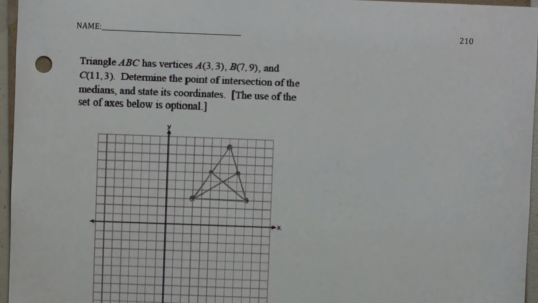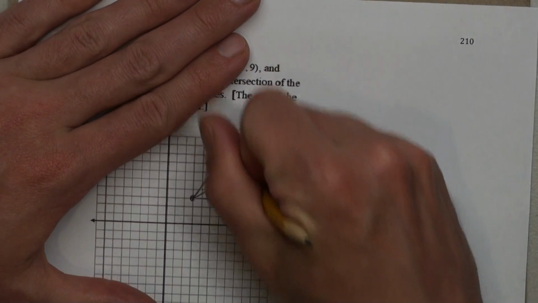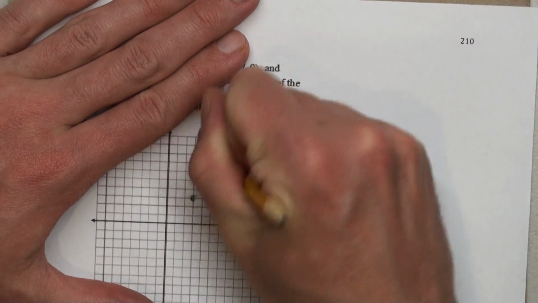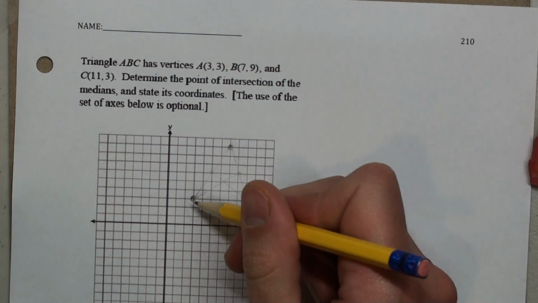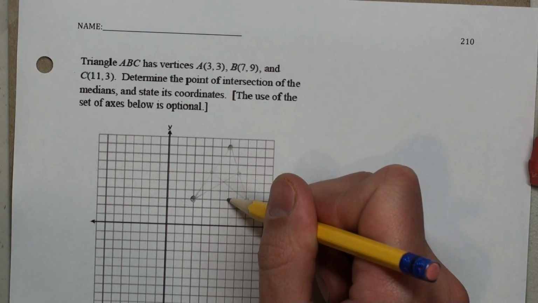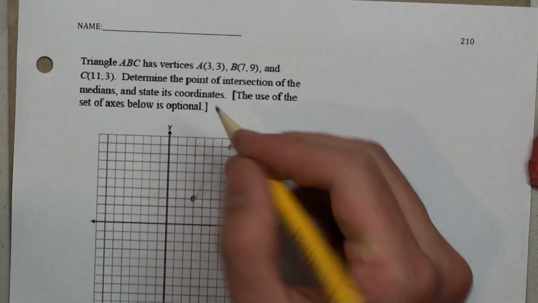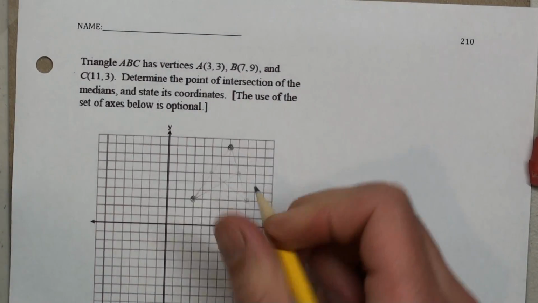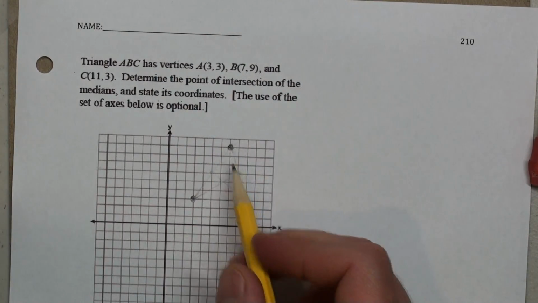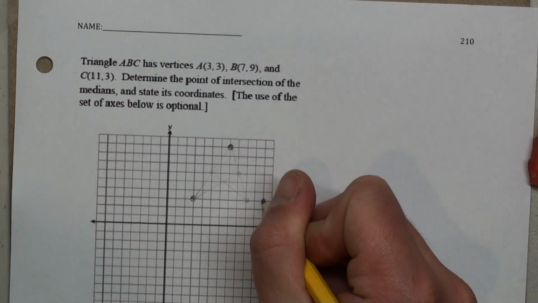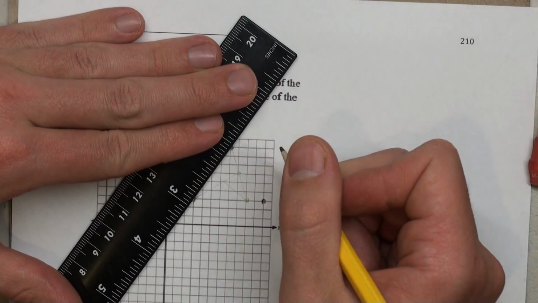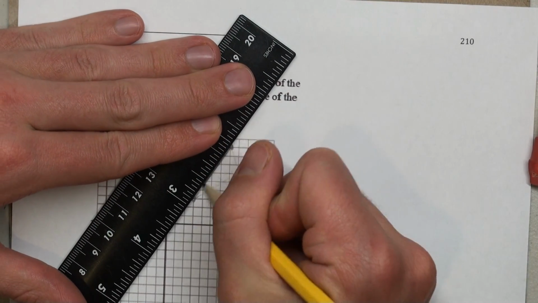Oh, I did. So I went 3, 4, 5, 6, 7. 4, 5, 6, 7, 8, 9. This point was good. This point was bad. 11, 3. This was 7, 8, 9, 10, 11, 1, 2, 3. It's out here. Sorry, folks.